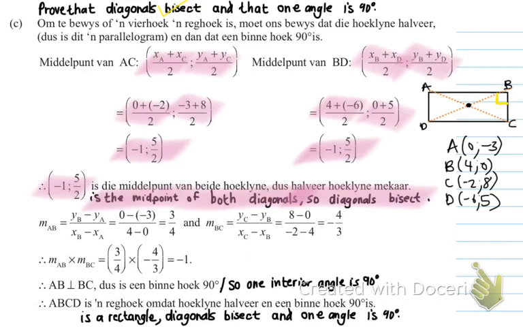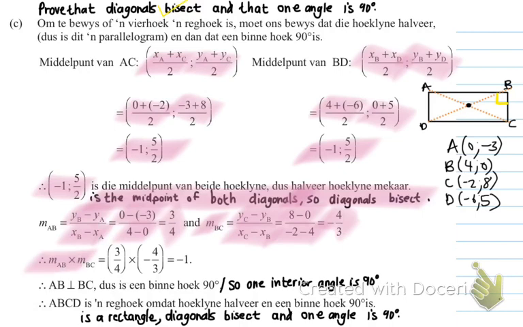To work out the gradients, it's delta y over delta x. Y values subtracted over x values subtracted. So it's 0 minus negative 3 over 4 minus 0, which gives me 3 over 4. Then the gradient of BC is the y value subtracted over the x value subtracted. 8 minus 0 over negative 2 minus 4 gives me negative 4 over 3.